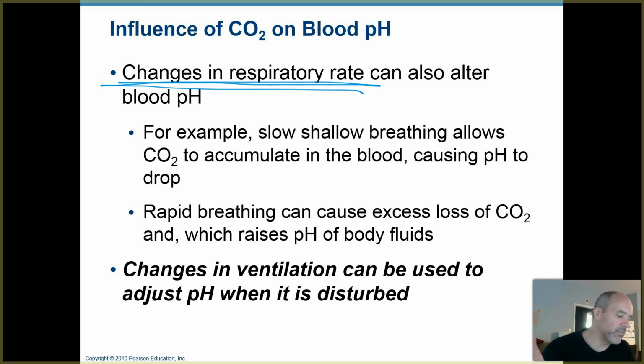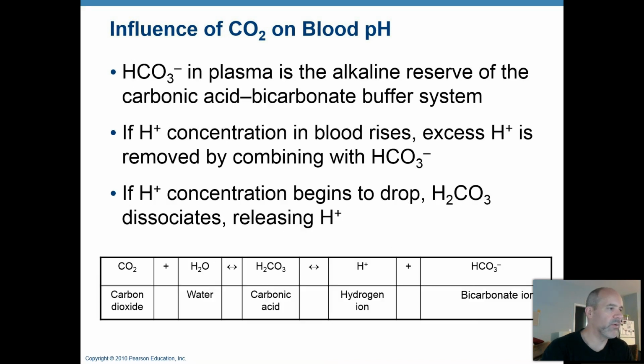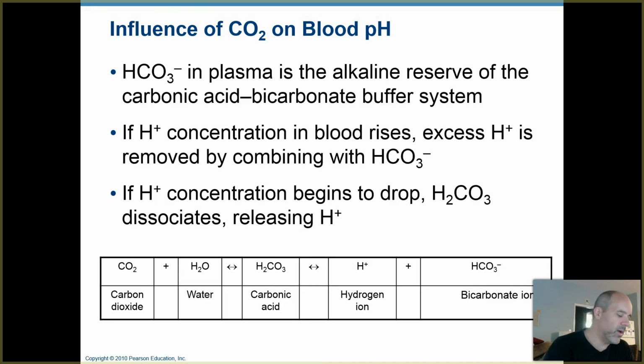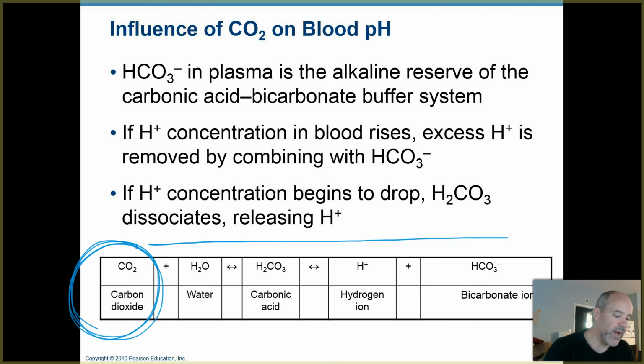So let's think about it. If you have slow, shallow breathing going on, what's going to happen to your CO2 levels in your body fluids? CO2 levels are going to go up. If we're thinking about this equation over here, if you have lots of CO2 around, the left side is getting heavy, and it tends to force this reaction to happen in that direction.